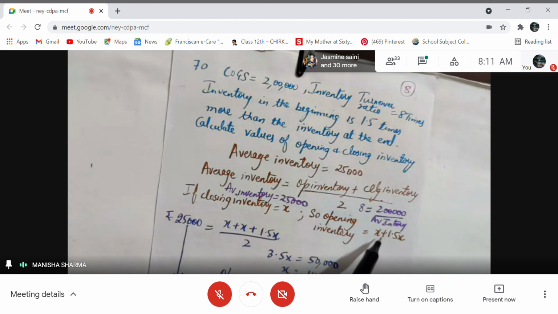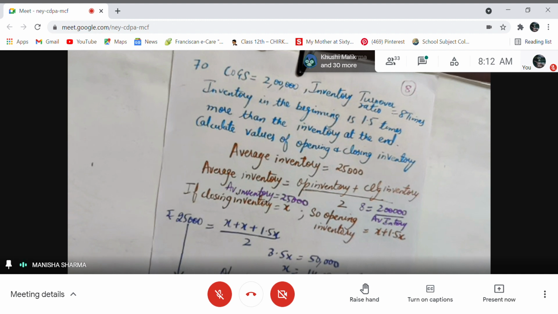It would be X plus 1.5X, right? So X plus that number of times that you will take. Now we have closing inventory as X, opening inventory as X plus 1.5X.